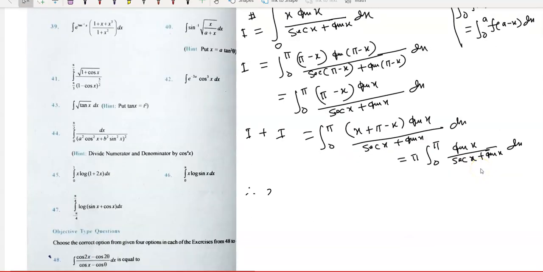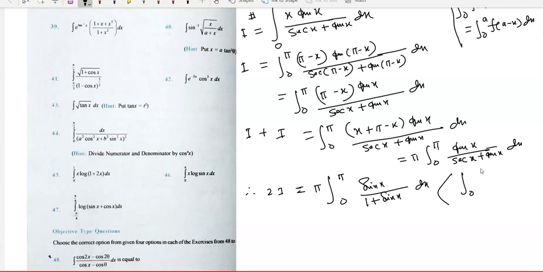So 2I equals pi into, express in sines and cosines, sin x by cos x over 1 by cos plus sin by cos. So there will be sin x by 1 plus sin x. See how the seventh property arises here. If you make any substitution, you can do it without the property, but you can do this also.